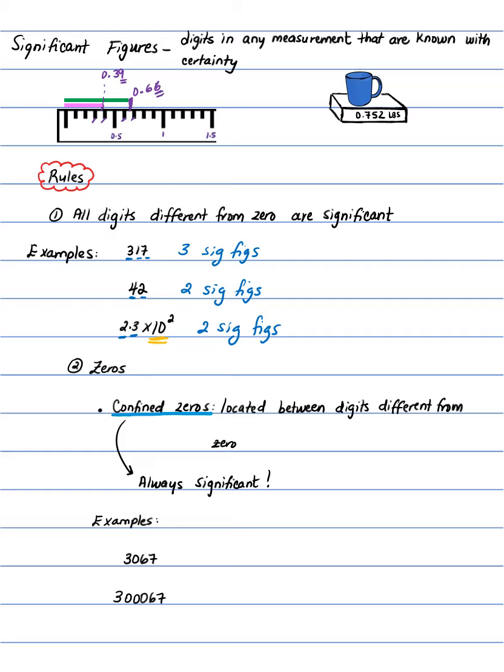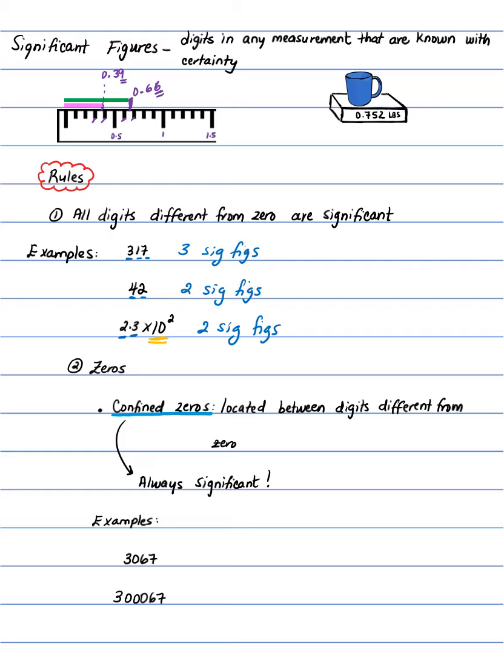So for the second rule, we're looking at the zeros. When you have zeros in a number, we have 3 groups, or 3 categories, for your zeros. The first one is confined zeros. Confined zeros are any zeros that you have in a number between 2 digits different from 0.